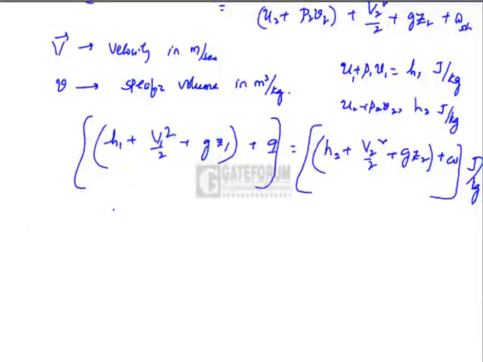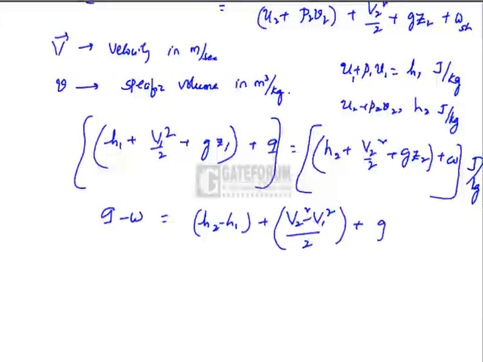Rearranging the parameters, we get q minus w is equal to H2 minus H1 plus V2 square minus V1 square by 2 plus G into Z2 minus Z1 joule per kg.